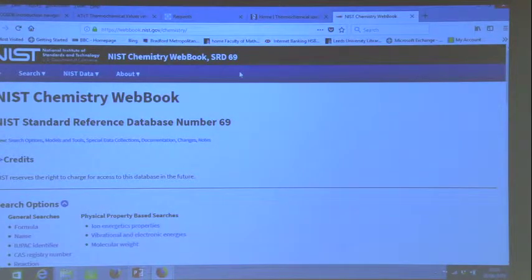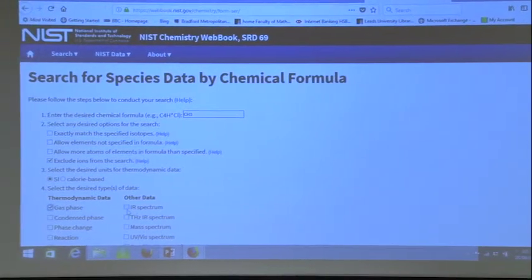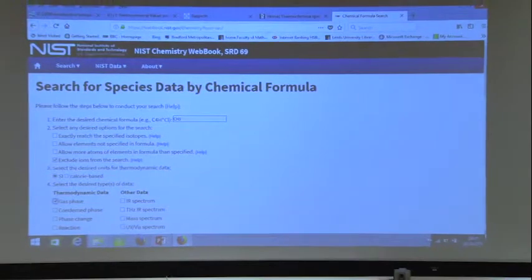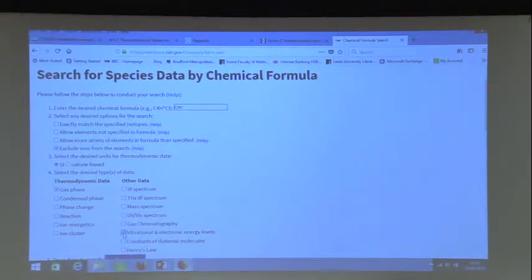So here's the website, and you can just go in. Let's click formula, so we can go and look at, say, the methyl radical there, and look for gas phase data, and we could look for the infrared spectrum, or we could look for vibrational and electronic energy levels.